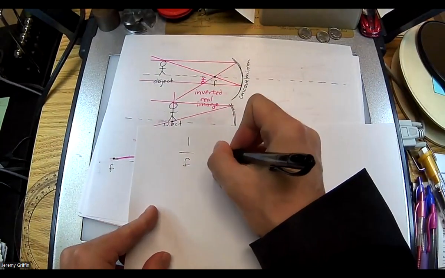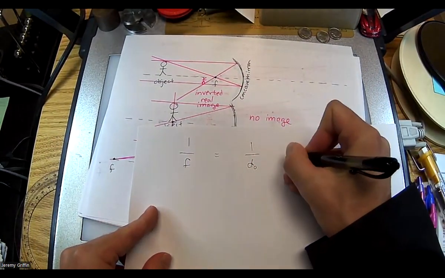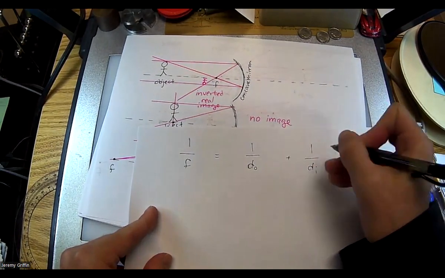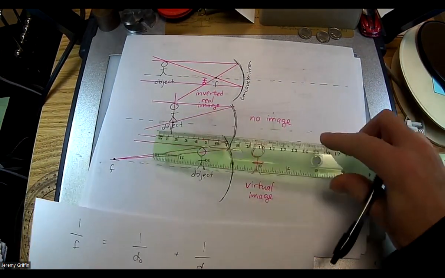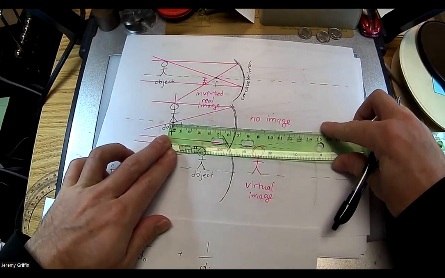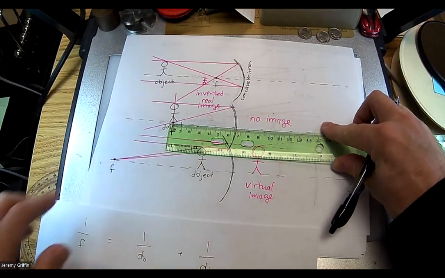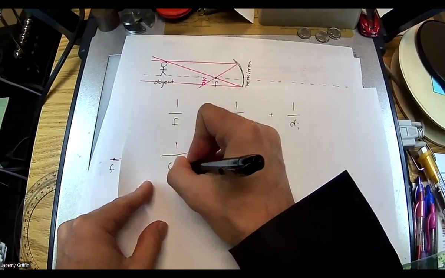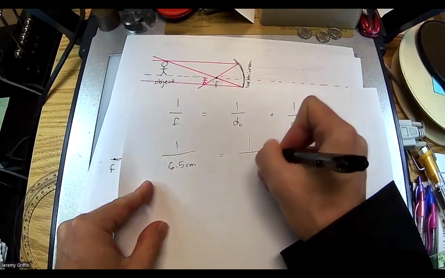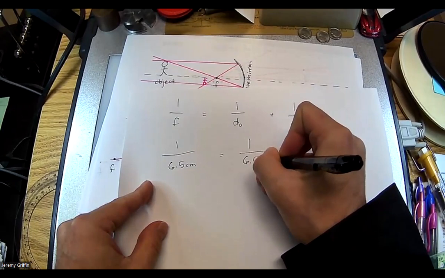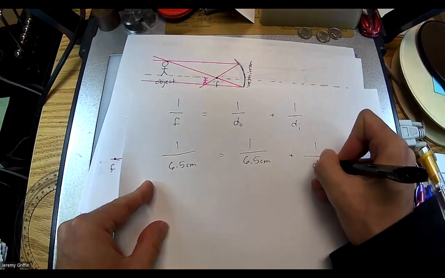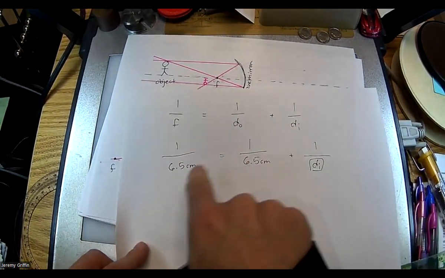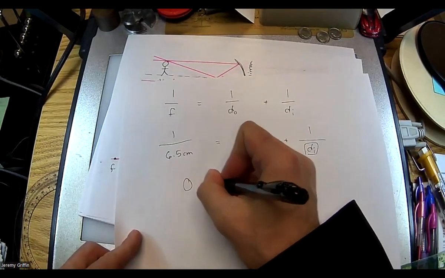1 over f is 1 over d_o plus 1 over d_i. Okay. Now this one, the object and the focal point are the same distance, and I'm showing what 6.5 centimeters looks like. So 1 over 6.5 centimeters equals 1 over 6.5 centimeters plus 1 over d_i. Right? Subtract this over, it zeroes out.